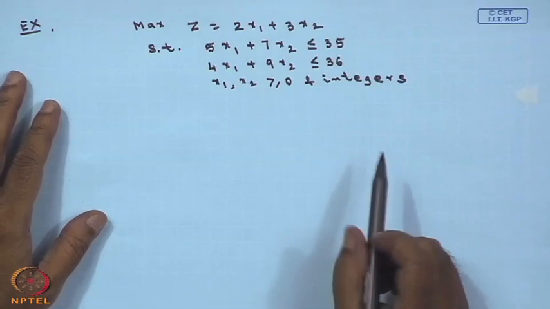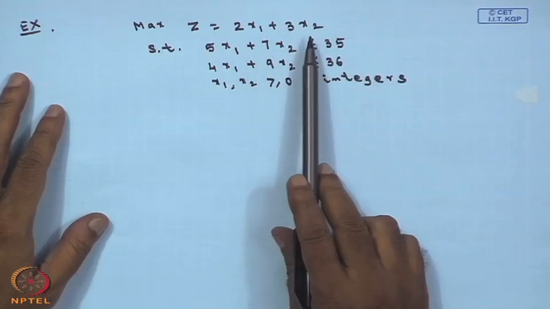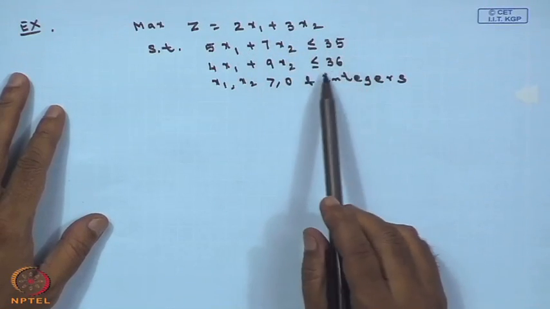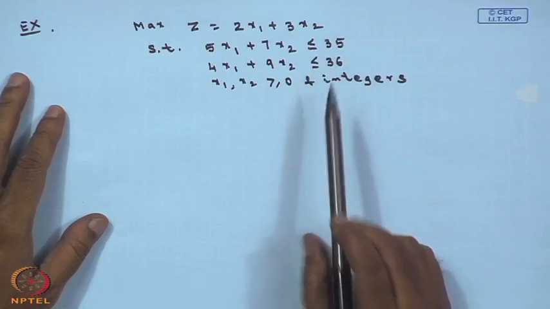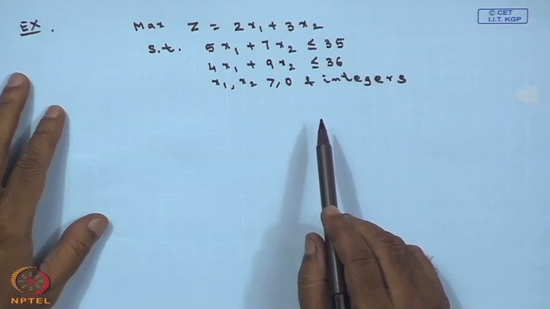The problem has two variables only, x1 and x2. We have two less-than-or-equal-to inequality constraints. So, as usual, we first write it in standard form by using two slack variables, because we have two less-than-or-equal-to constraints.